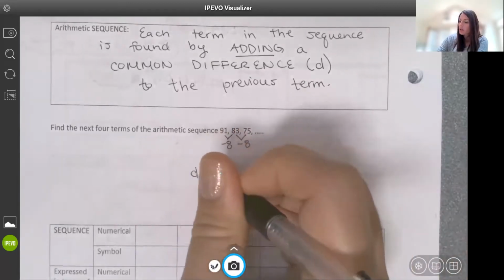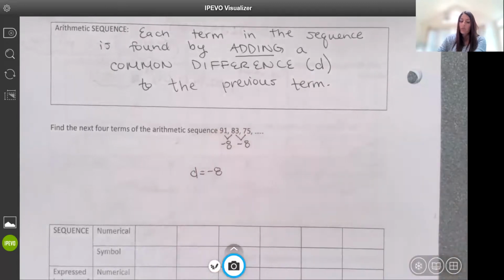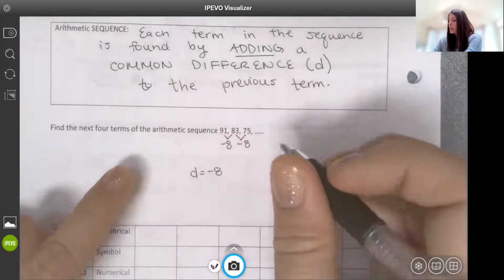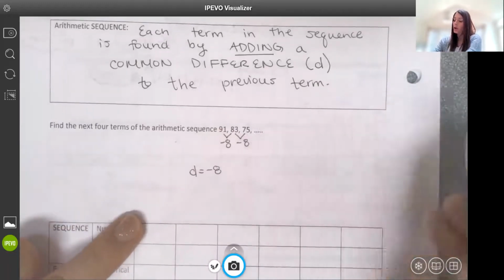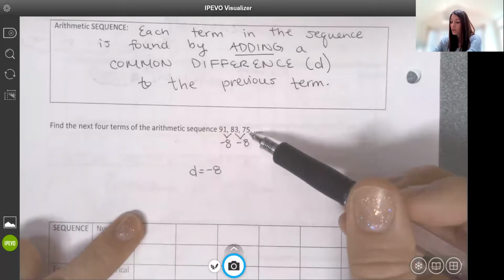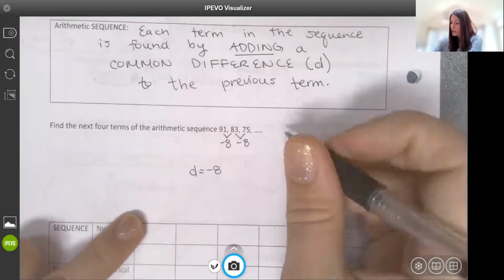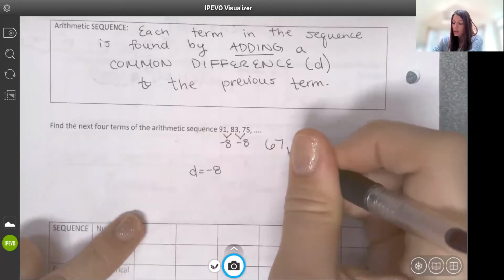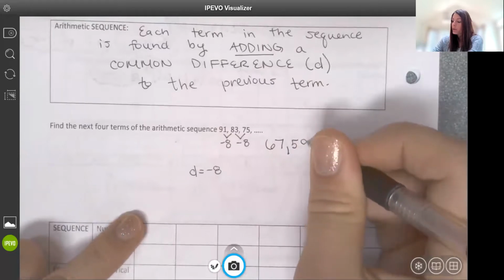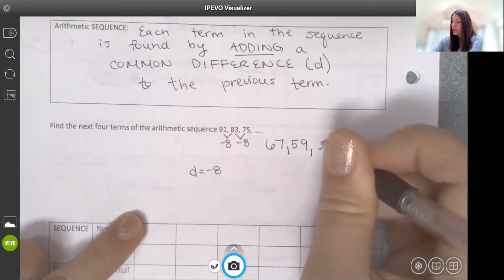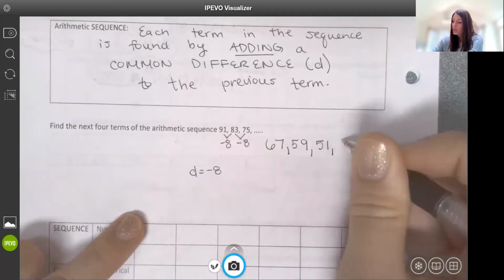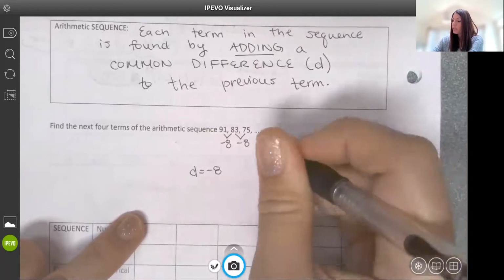So my common difference is -8. And so I can just list the next four terms of the sequence by continuing to subtract 8. So from 75, if I subtract 8, that brings me to 67. Take away 8 again, that brings me to 59. Take away 8 again, 51. Take away 8 again, 43.